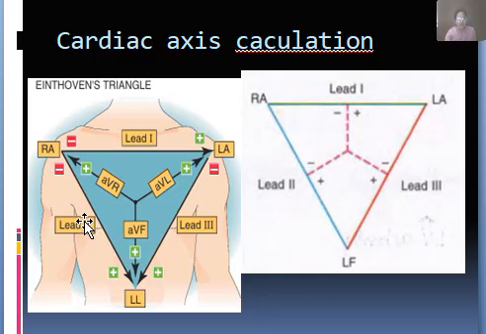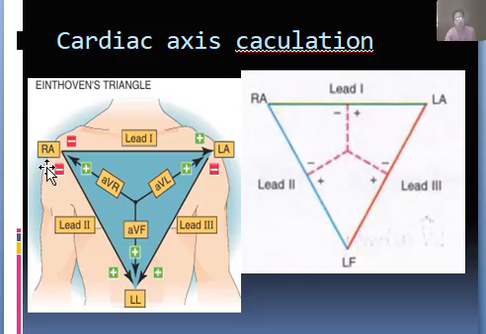This is Einthoven's triangle and the classical standard leads: lead 1, 2 and 3. These are standard limb leads. These are records of the potential difference between 2 points.